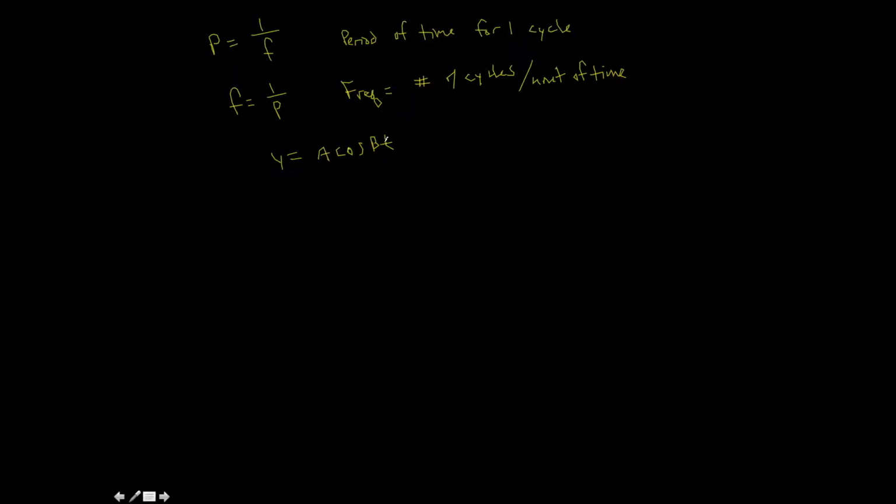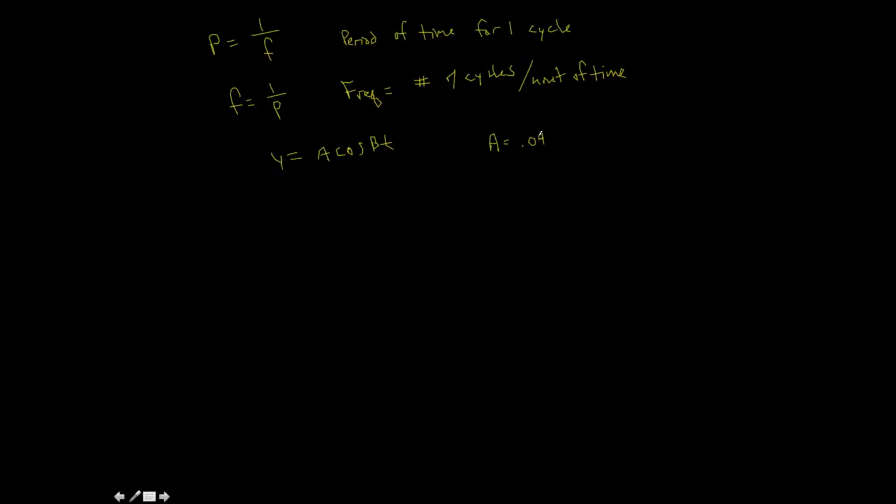So we've got to find A, we've got to find B, and then you will be able to write your equation for this, okay? So what is A? Well, we're given the amplitude. We're told that the amplitude is 0.04, okay?